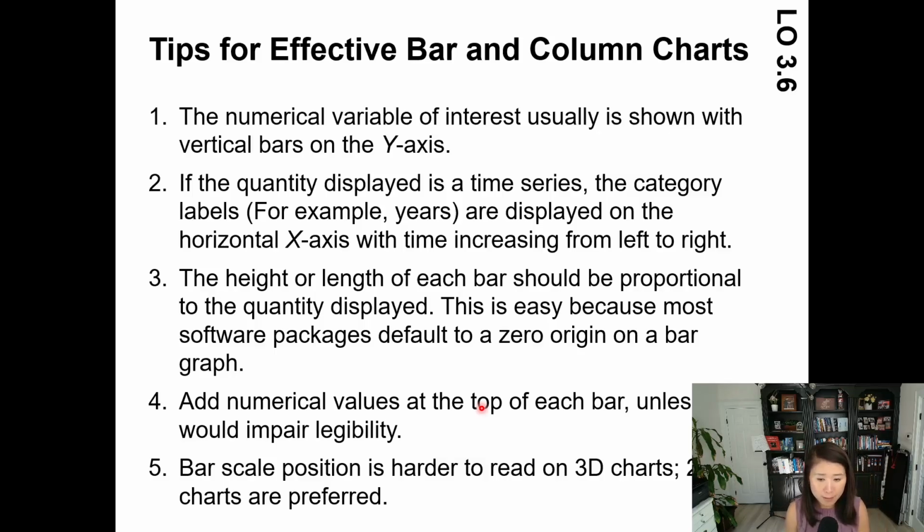This is easy because most software packages default to a zero origin on the bar graph. We add numerical values at the top of each bar unless they would impair legibility. The bar scale position is harder to read on a 3D chart, and 2D charts are preferred.